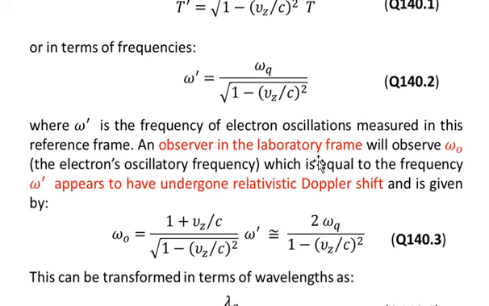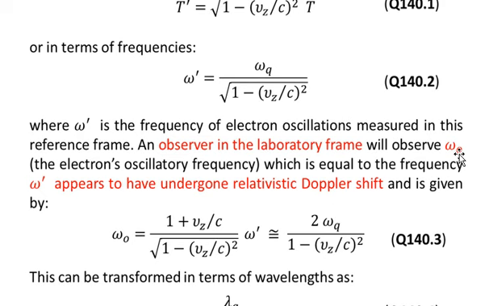An observer in the laboratory frame, that is an observer in the stationary reference frame, will observe omega naught, the electrons' oscillatory frequency. Omega naught, measured in the laboratory frame, is the frequency omega prime having undergone a relativistic Doppler shift.